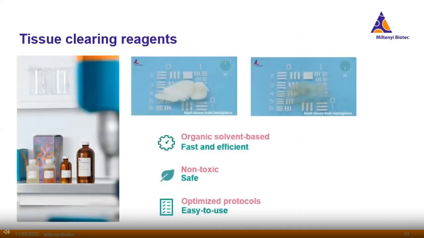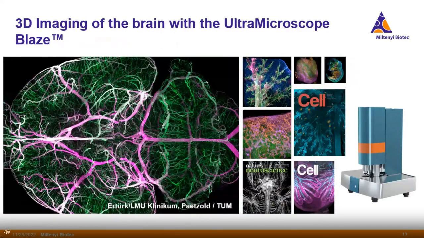We have different tissue clearing reagents, like a solution and a kit. They are organic solvents and non-toxic, which means they are quite safe but still work fast and efficiently. We have several protocols that are directly optimized, for example, for the brain, and are quite easy to use.